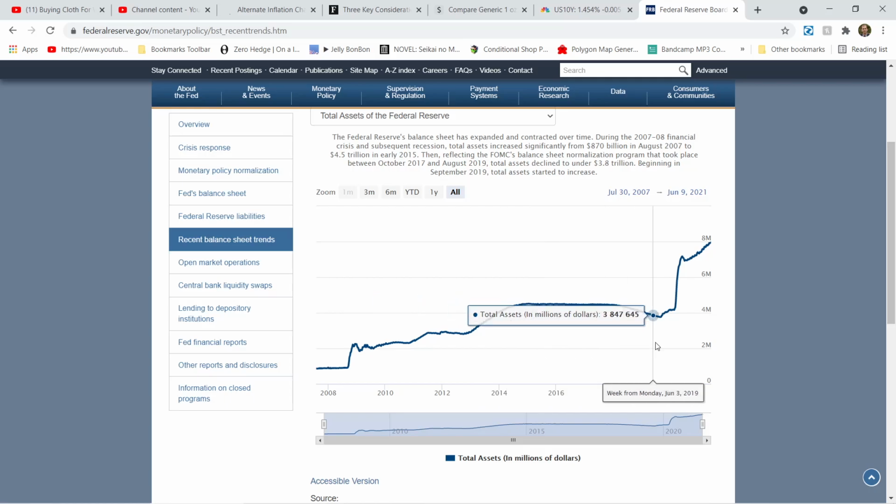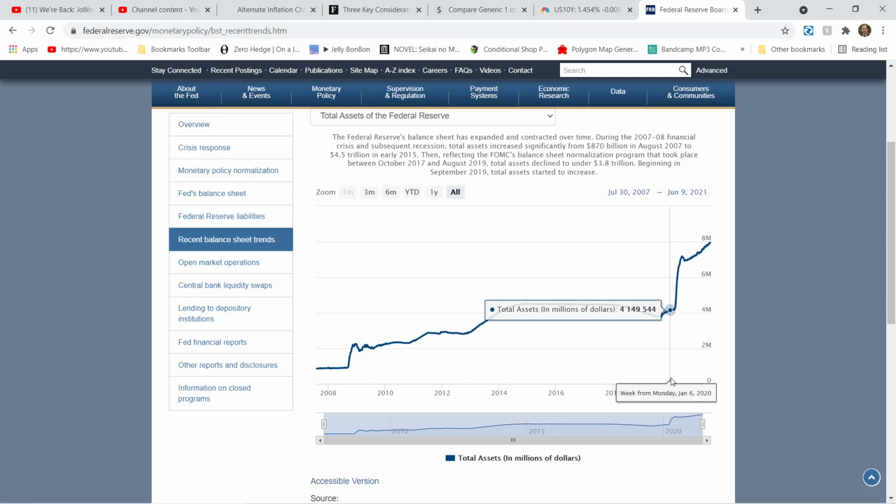And then you can see they actually tried to taper back a little bit here, but they couldn't hold the pattern. And honestly, I don't think this time period has much to do with COVID, because a lot of this ramp up started before COVID even got started in a big way.